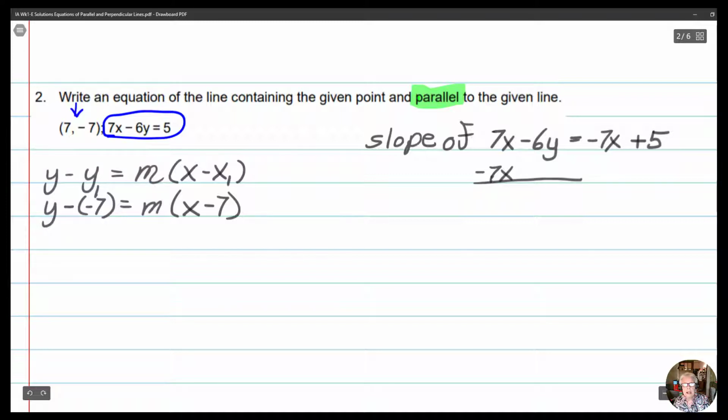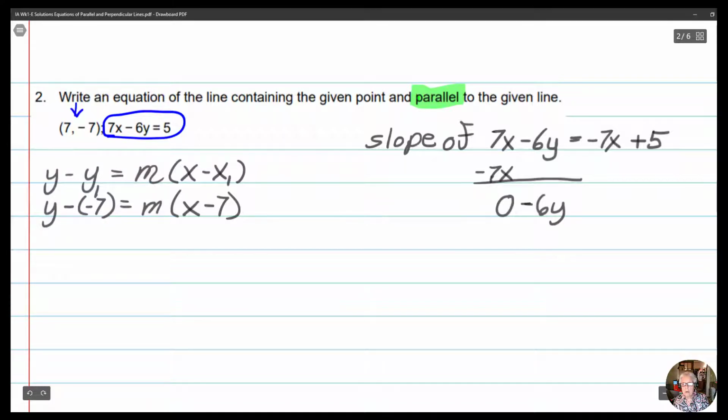Now I'm going to actually make a 0. 7x minus 7x is 0. When the sign immediately following the term that you zero out, which you send over to the other side, is a minus sign, it's really easier to do this.